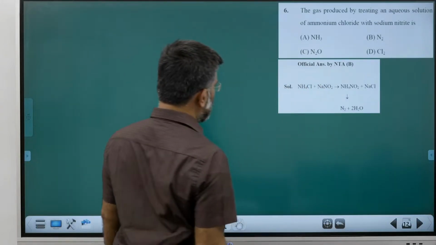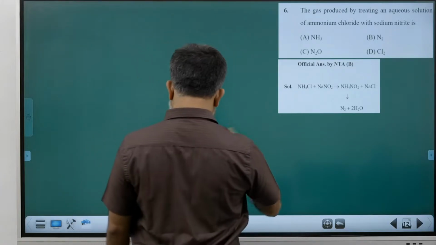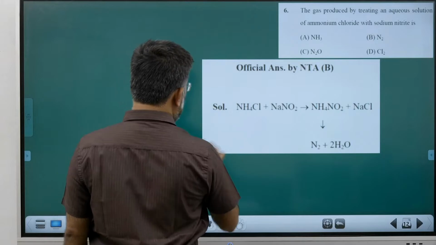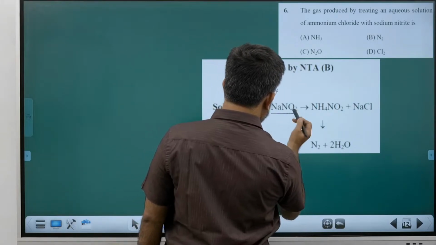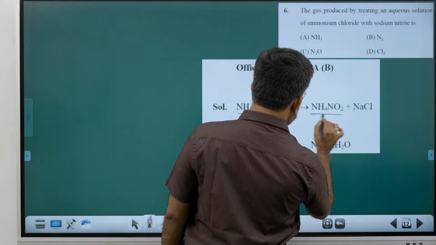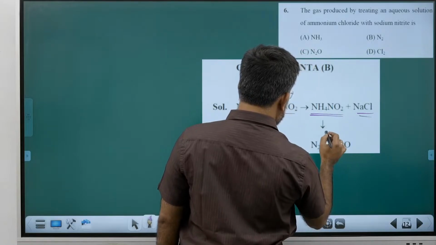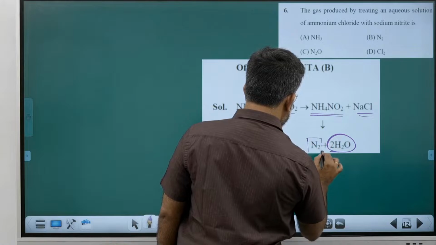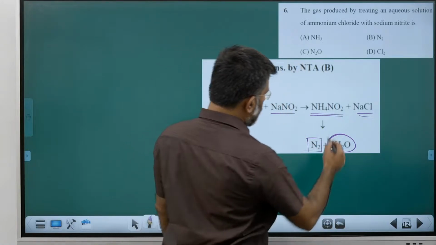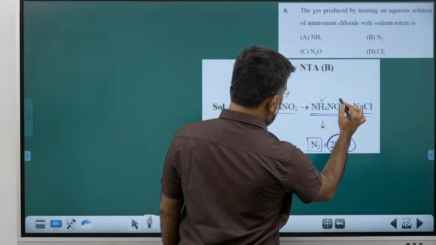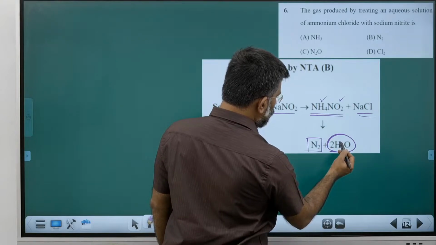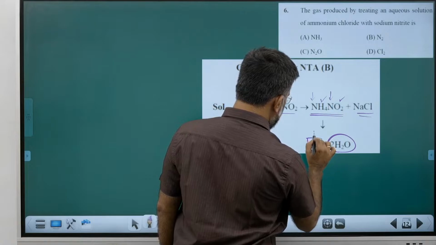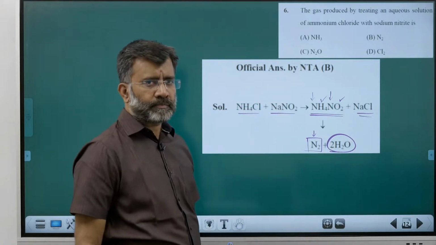And this is how the reaction occurs, a reaction explained in the textbook, all of you know. Ammonium chloride with NaNO2 gives ammonium nitrite and NaCl, and when water is removed from ammonium nitrite, you will get nitrogen gas. You can see 4 hydrogen and 2 oxygen, so when 2 H2O go out, what remains is the 2 nitrogen atoms, that is N2 gas.